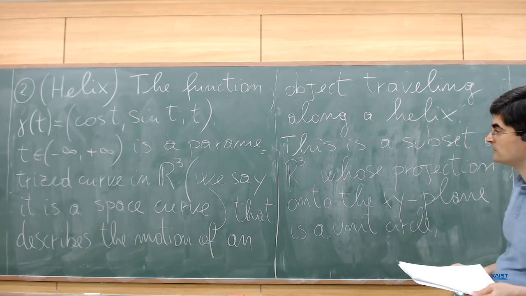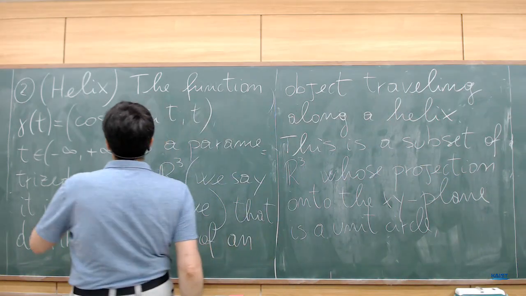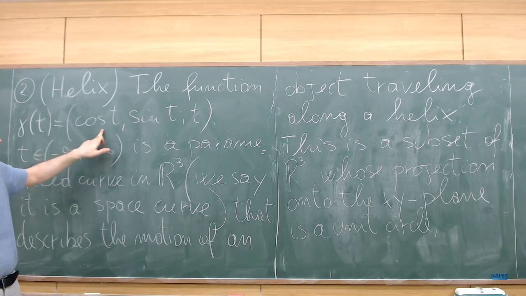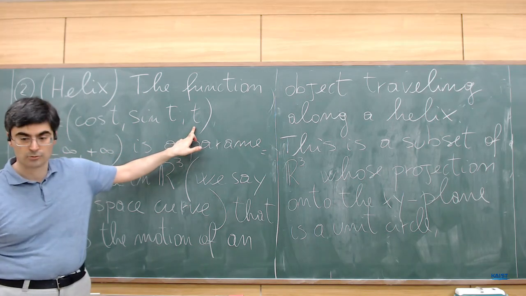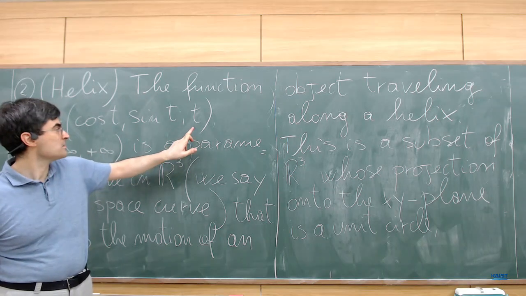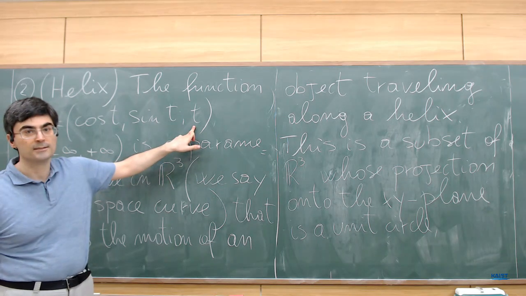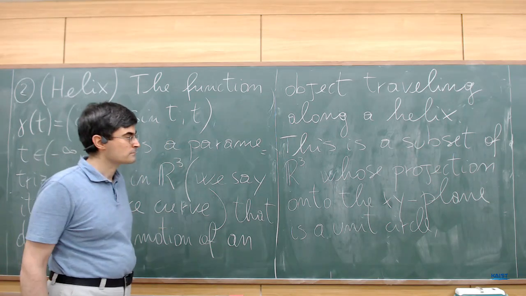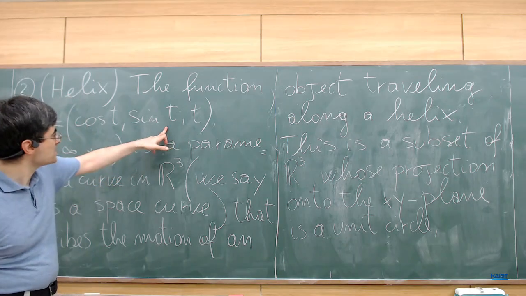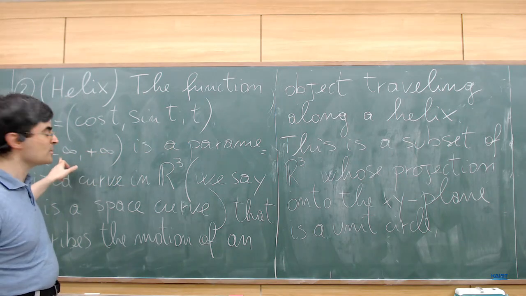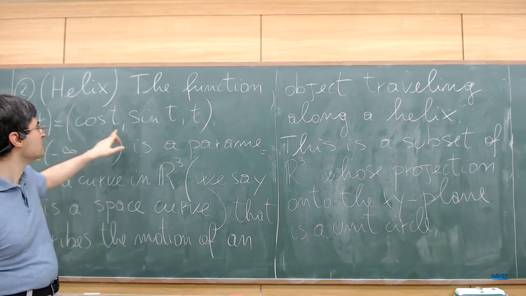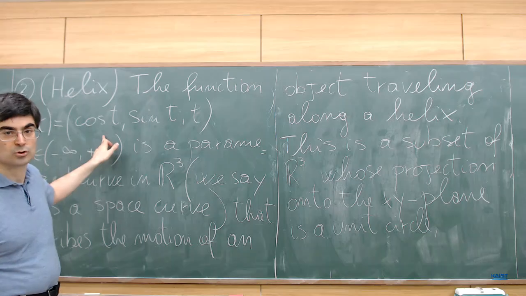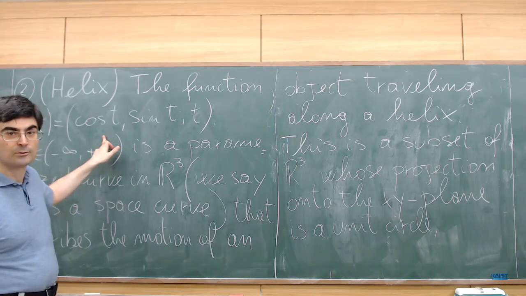Why is this true? Very simple. If we project a point of R3 having these coordinates on the xy plane, then this means that we have to drop the third coordinate. What we get? We get cosinus of t, sinus of t, and if t increases from minus infinity to plus infinity, we've seen before that we have a curve describing the motion of an object traveling around the unit circle.